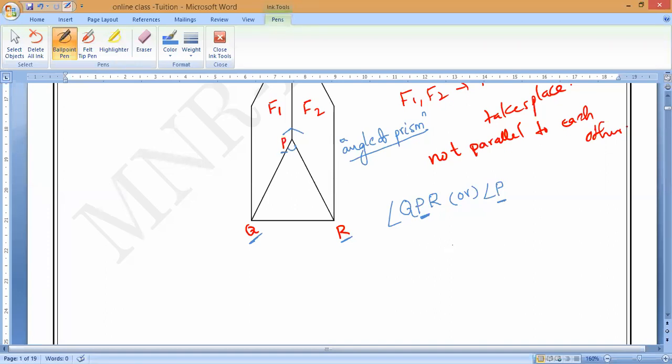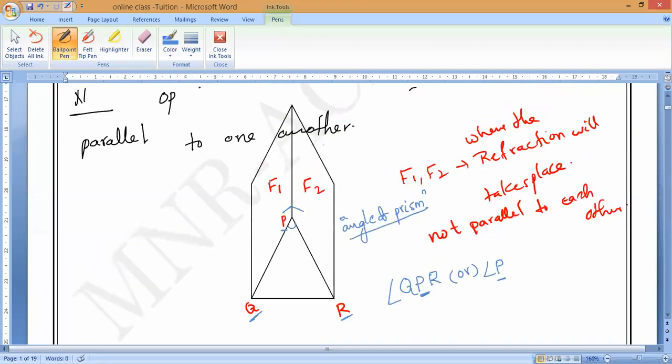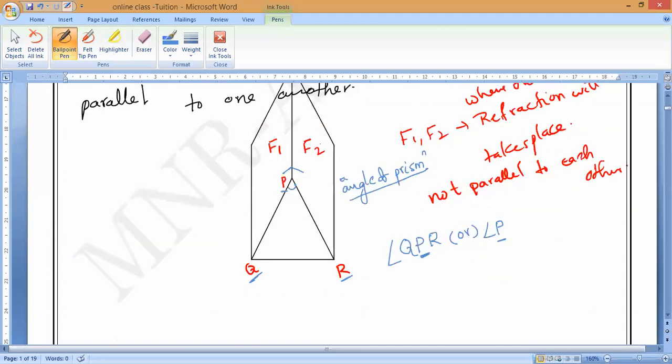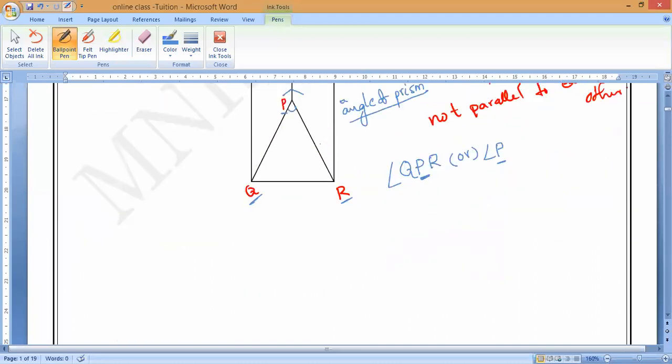Understand, guys? Now you can see this is very difficult. While I am drawing the ray diagram, every time inserting the incident ray and drawing the refracted ray, it is very difficult to draw this three-dimensional figure. Is it yes or no, guys? So that is why, for our convenience in drawing ray diagrams, a triangular glass prism is represented by a triangle. How can we represent it? Just take the triangle alone.